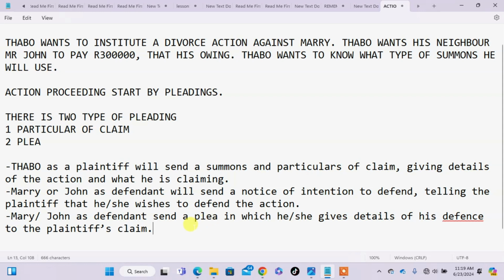So now you have understood about the plea and the particular of a claim.